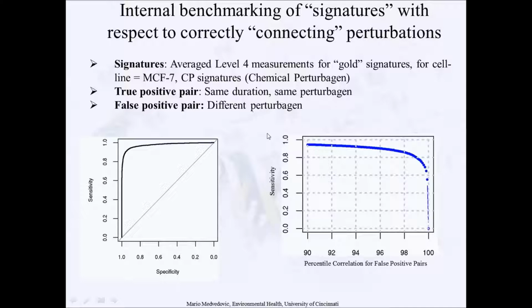Could I ask, from a naive point of view, how do you know that the perturbagens are in fact distinct from one another? You might imagine some can have overlapping responses. You don't really, yeah. I think a lot of these false positive pairs are not clean, meaning there are some true positives there for perturbagens that have basically the same mode of action.